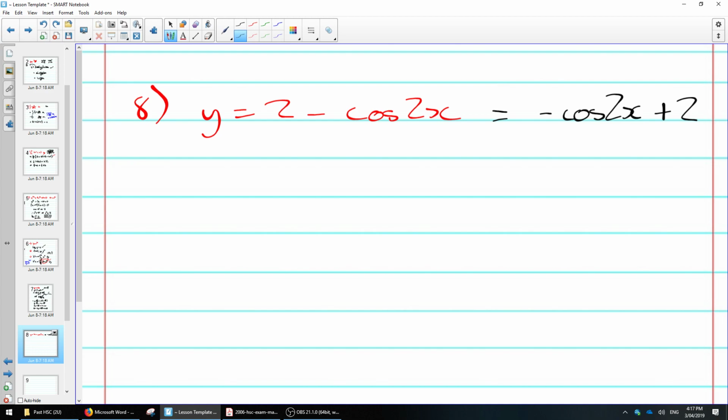So, look at this. What does the negative do? What does the 2x do? Yeah, it squeezes it. And what does the plus 2 at the end do? Shifts it up. Combine those three things together. What's the range?